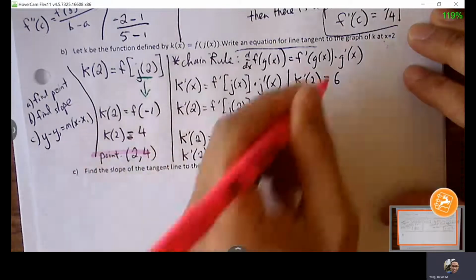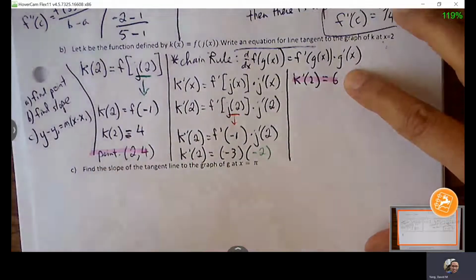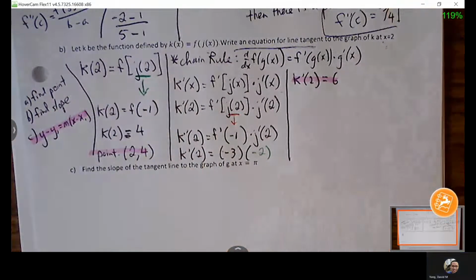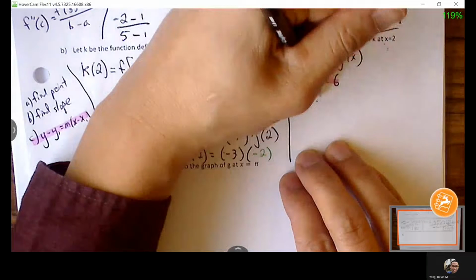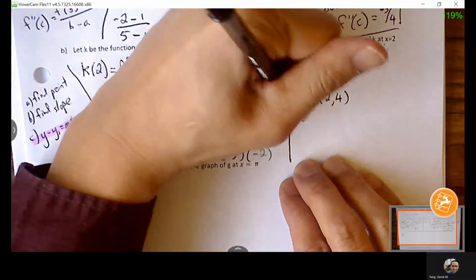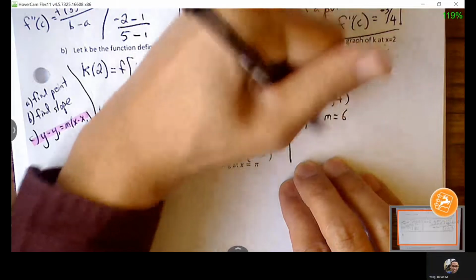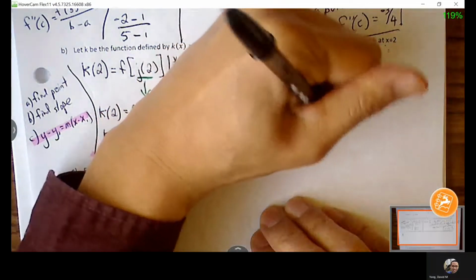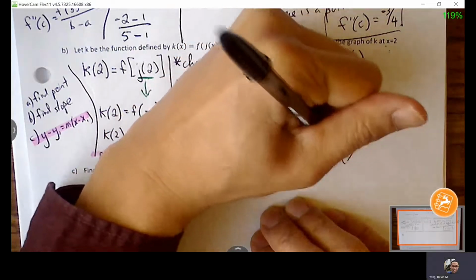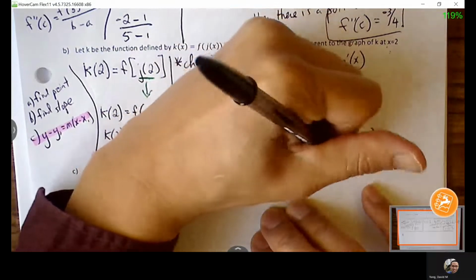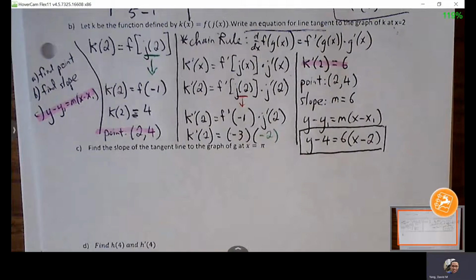We have our ordered pair, we have our slope, and now we can put it into point slope form. Okay, any questions with B?